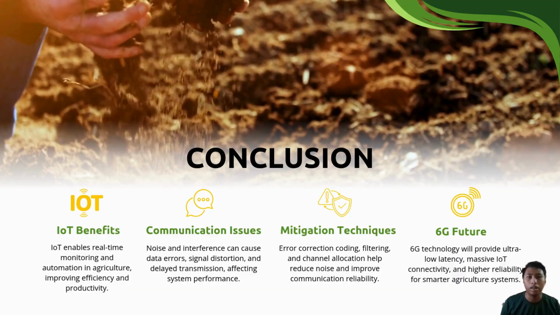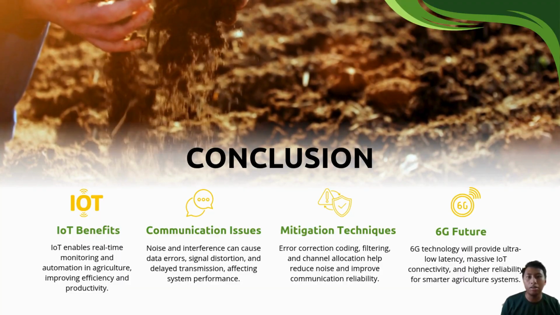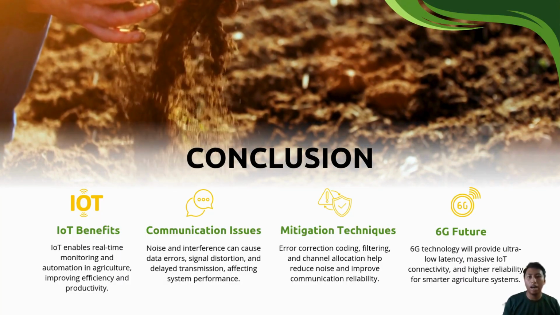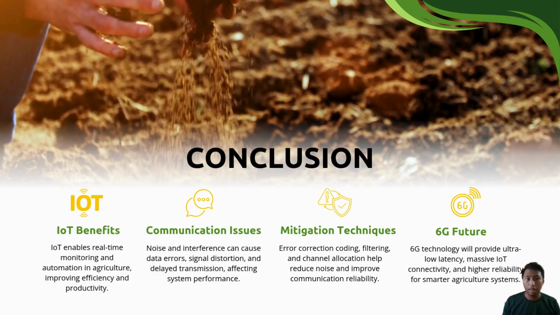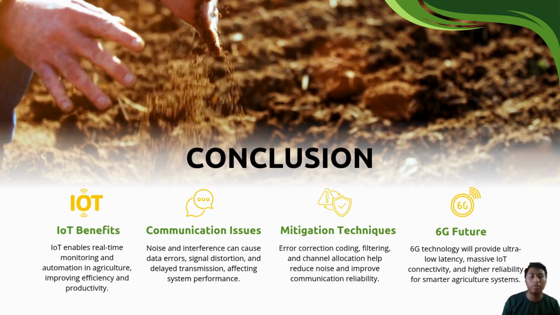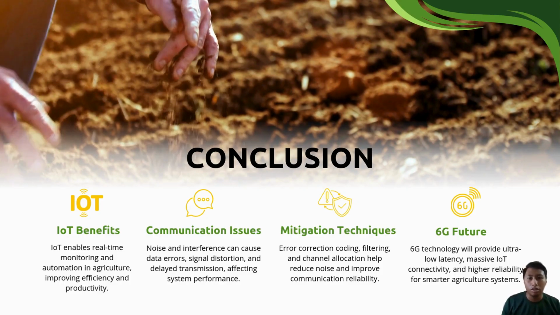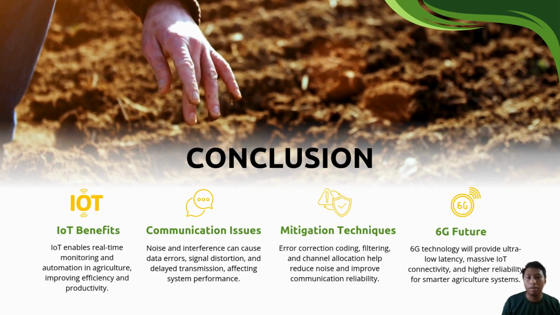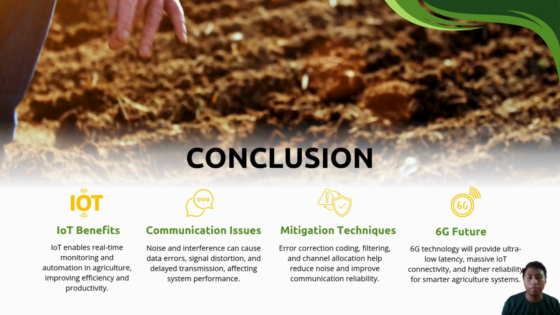In the future, 6G technology is expected to bring major improvements by offering higher reliability, lower latency, and better support for massive IoT connectivity. As a result, smart agriculture systems will become more efficient, stable, and suitable for large-scale implementation.